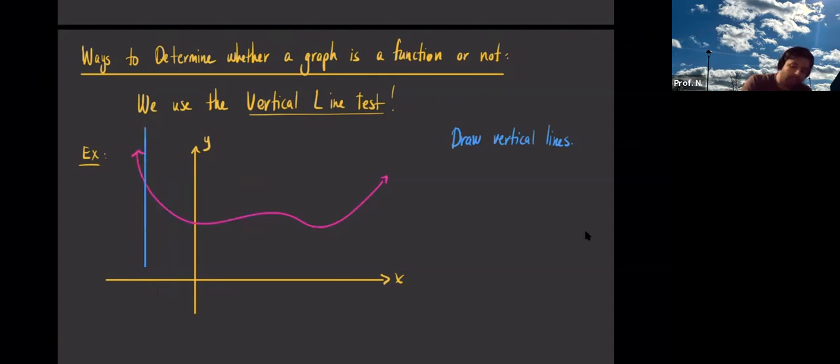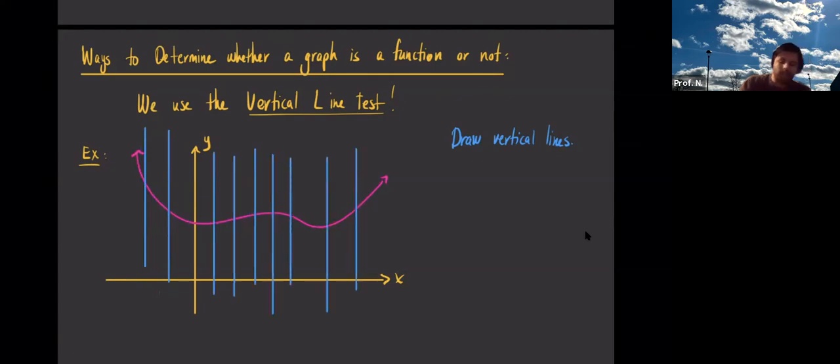So if I draw straight lines, any vertical straight line that I get, I only have one point of intersection. So I drew vertical lines, and my observation is every vertical line crosses the graph once.